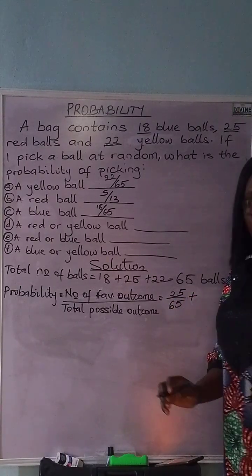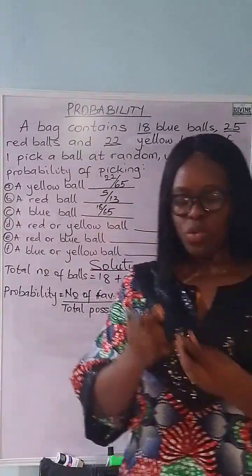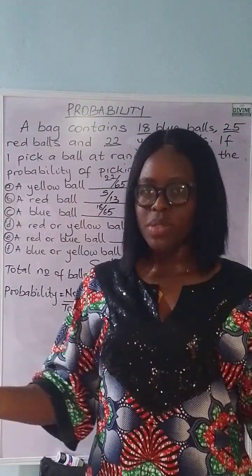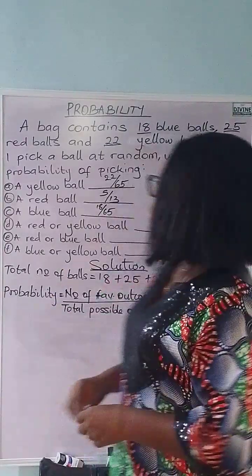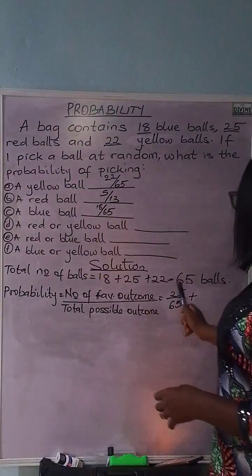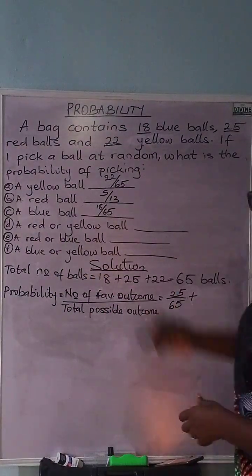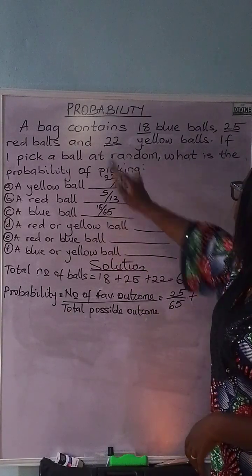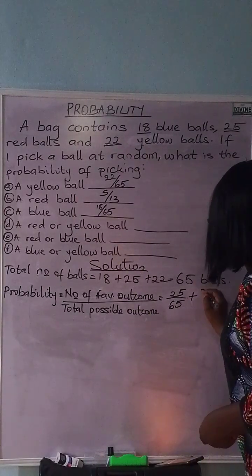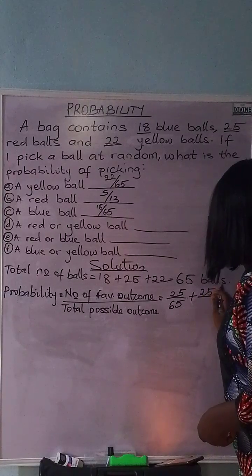Plus, when you see "or" in probability, we need to add the two outcomes because we're going to have more chances. So probability of a red ball is 25 over 65. Then the probability of picking a yellow ball is 22 over 65. So we add the two of them together.